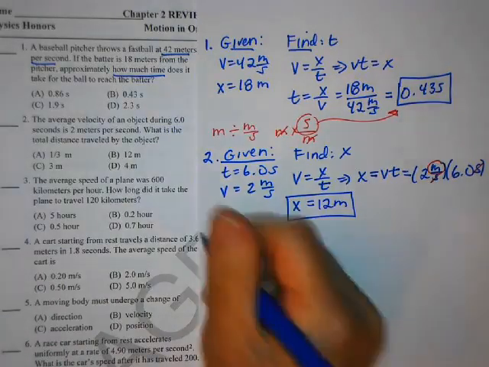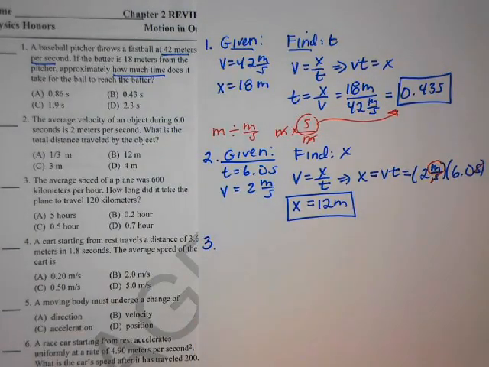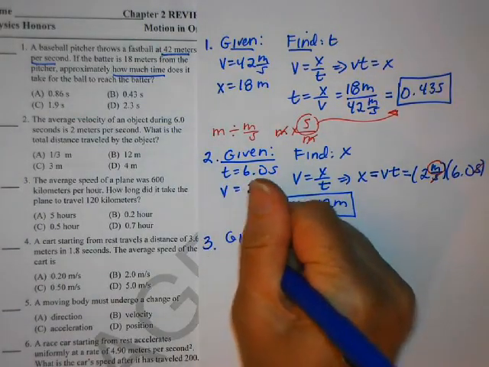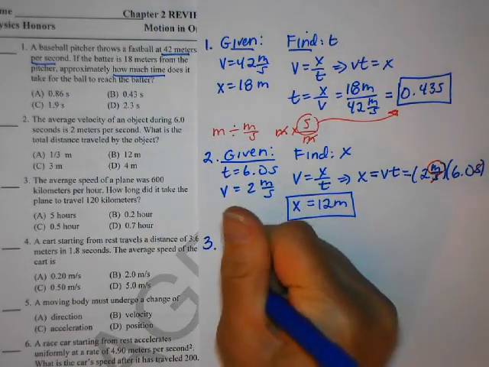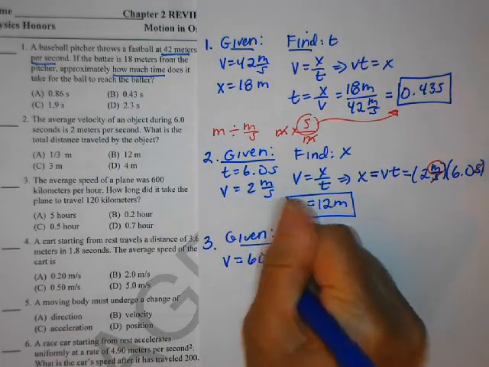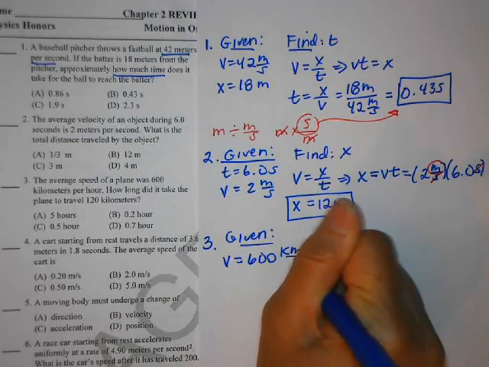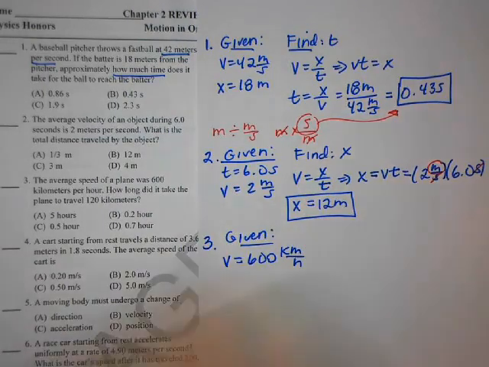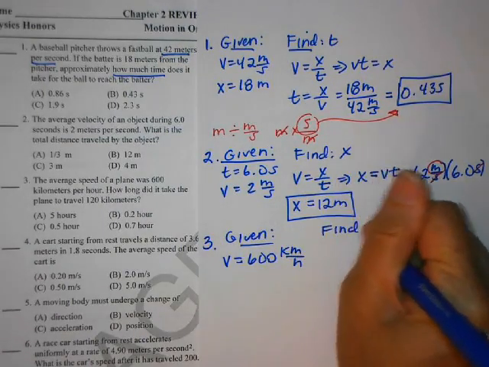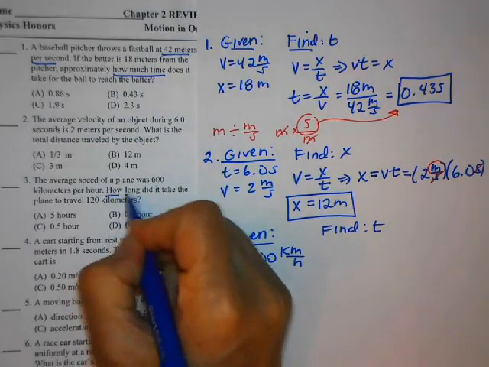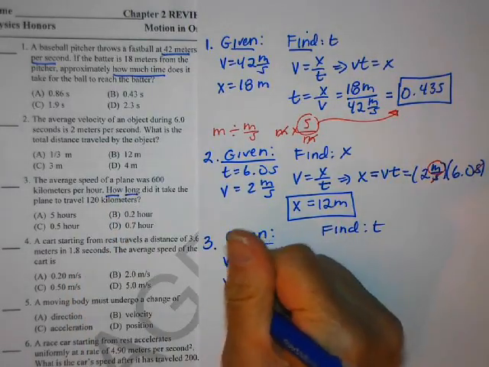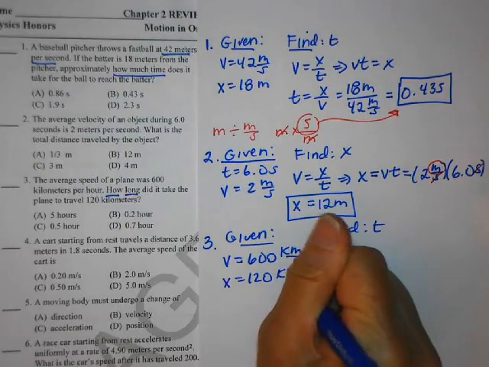Number 3, the average speed of a plane was 600. So I'm given V is equal to 600 kilometers per hour. How long, so that means I want to find the time. How long did it take the plane to travel 120 kilometers?